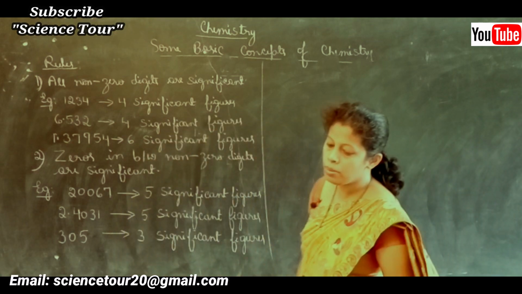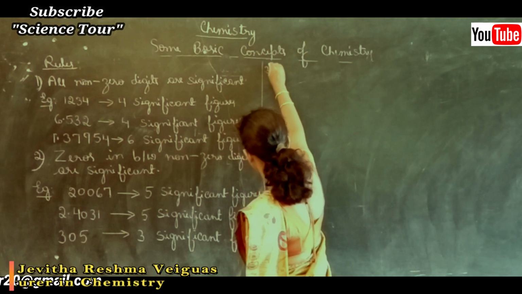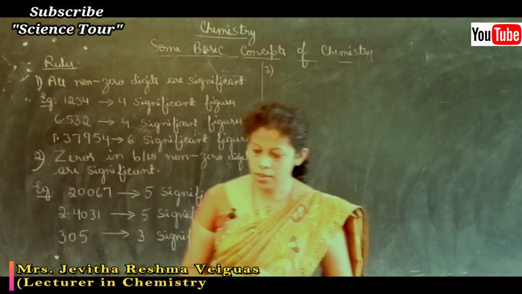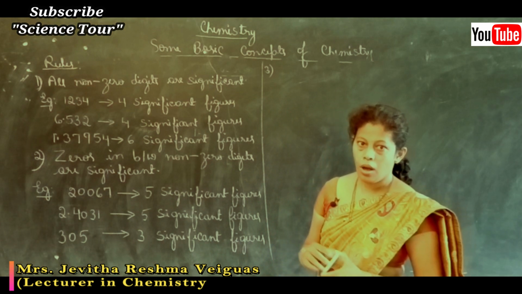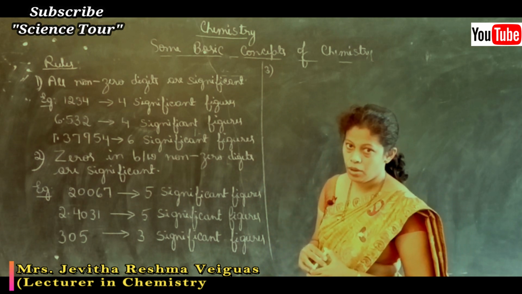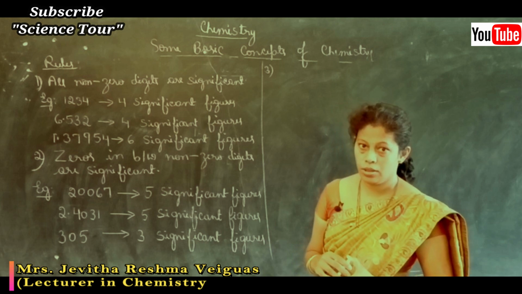Now rule number 3: zeros on the right side are significant.